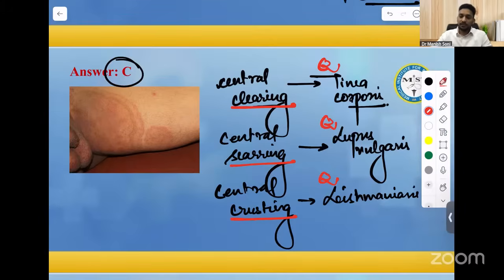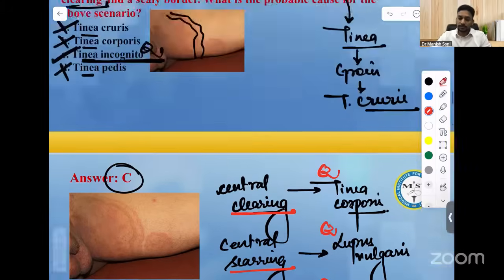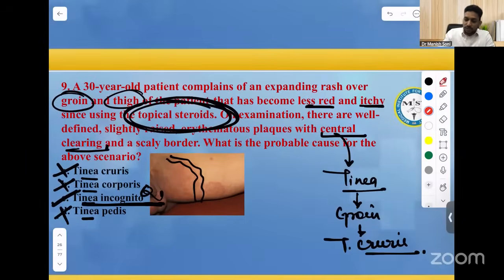Remember this point. Very important, recent question. The most important clue here was that the patient is less itchy and less red since using topical steroids. As soon as you see steroid, go and mark tinea incognito.